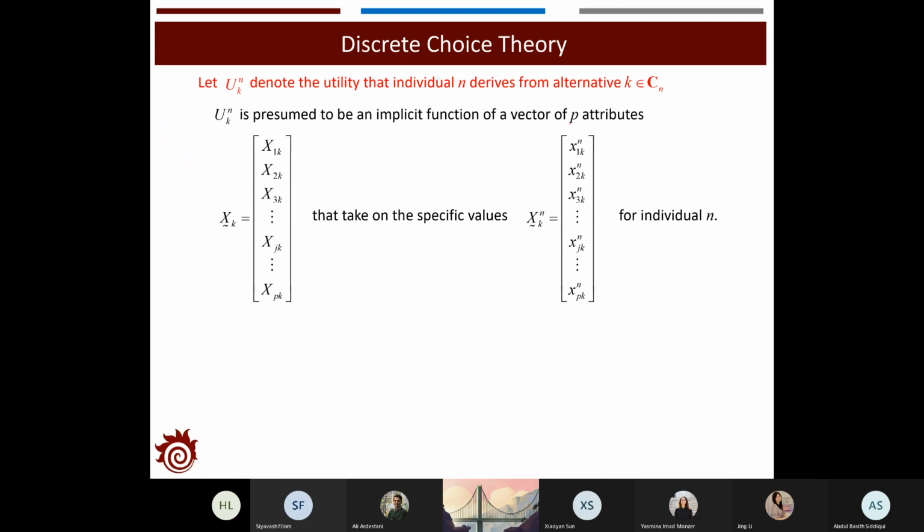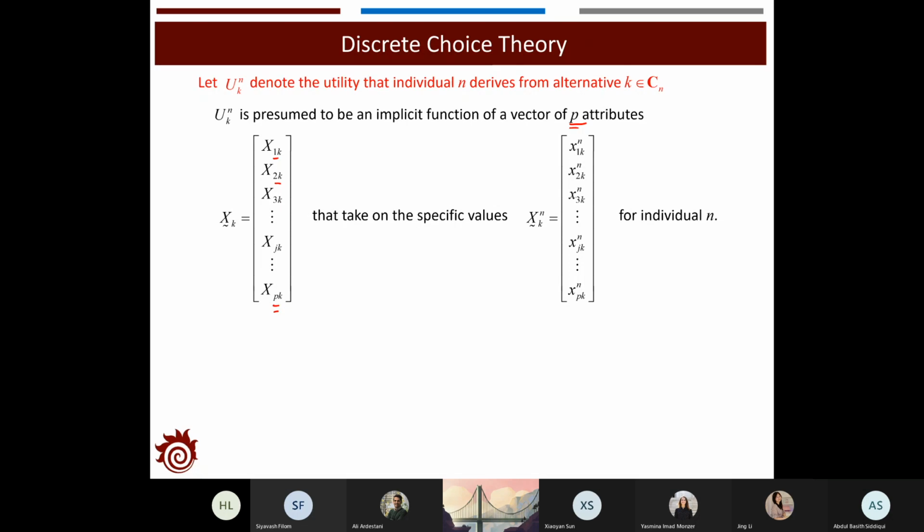Assume that we have p different attributes, so for each mode we have x1k, x2k, until xpk.